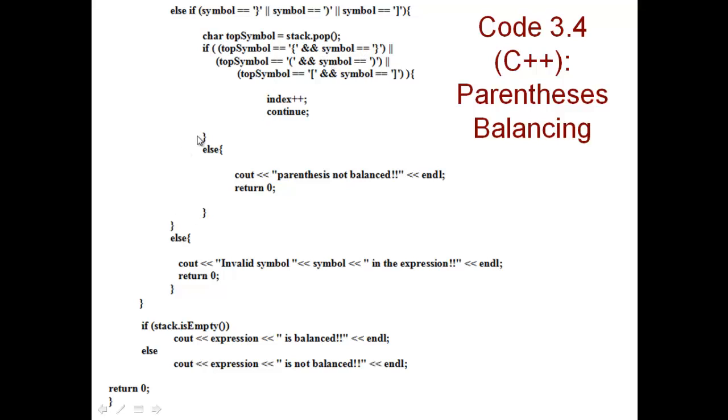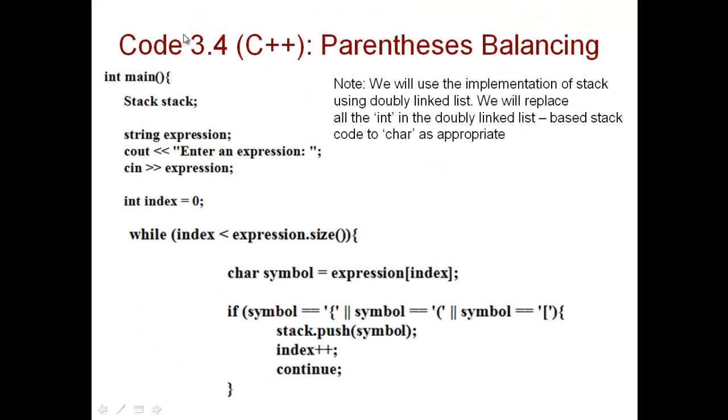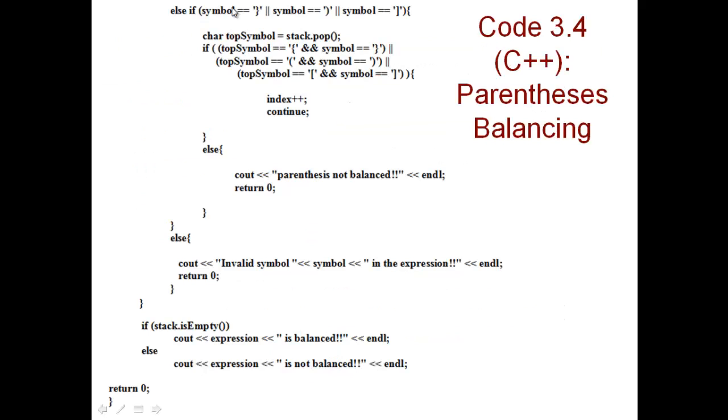Now you see I have another else part here, so that corresponds to this if, else if. If the symbol we read is any of the open parenthesis symbols, we push it to the stack. Else if it is any of the closing parenthesis symbols, we pop the stack and compare the symbol that we popped out with the symbol that we are currently reading and check if they are of the same type.